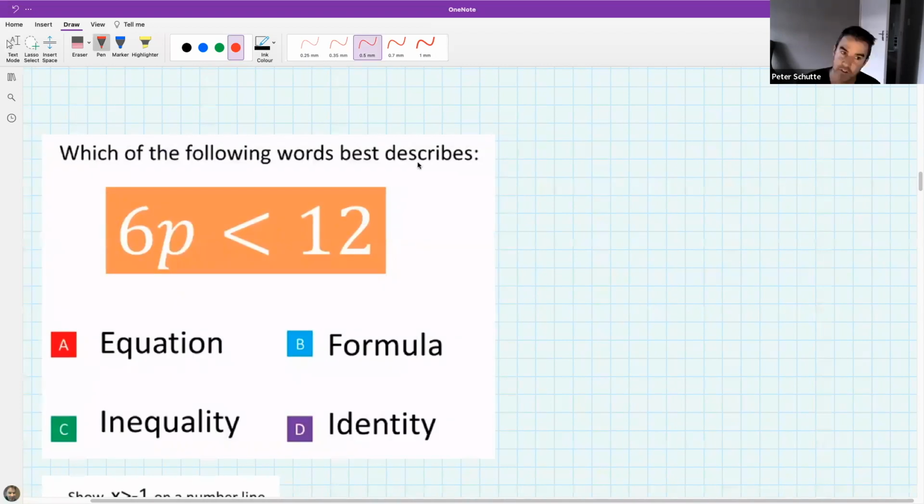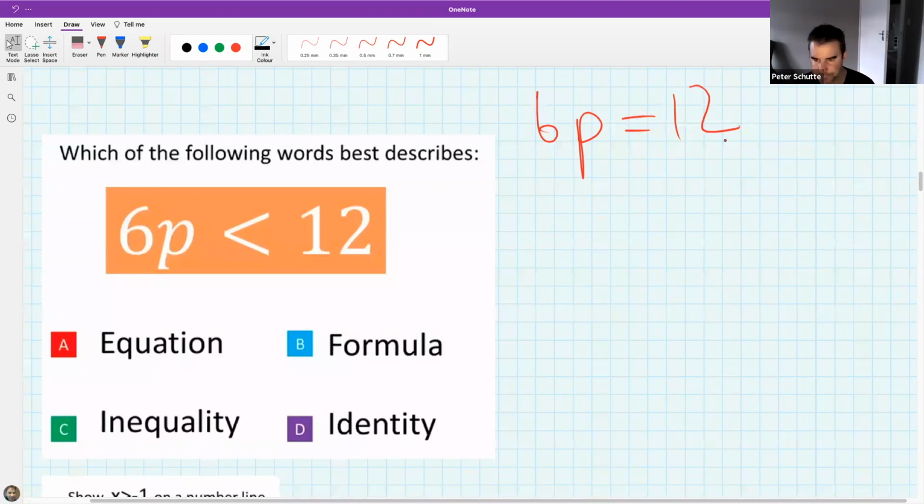So this is not an equation, because an equation would be something like 6p equals 12. So this is in fact called an inequality, because 6p is not equal to 12. An equality would be an equation. 6p is less than 12.